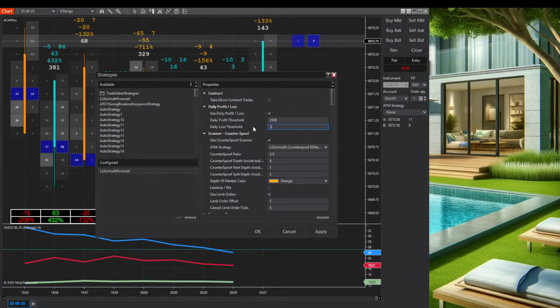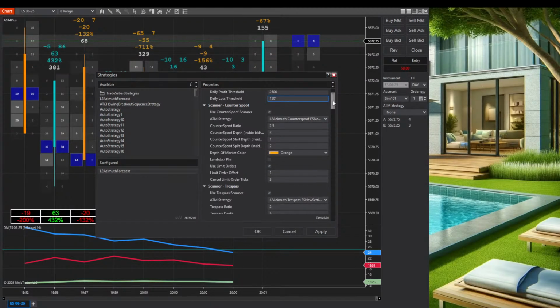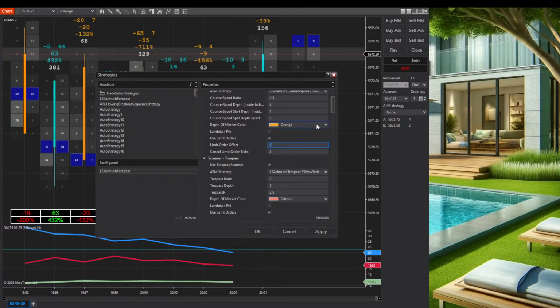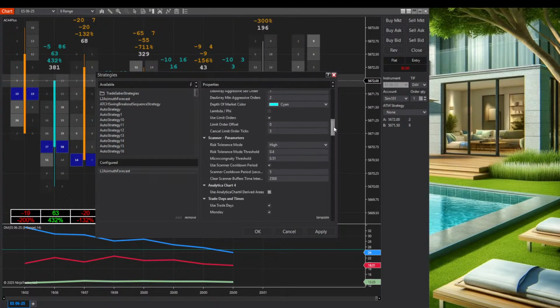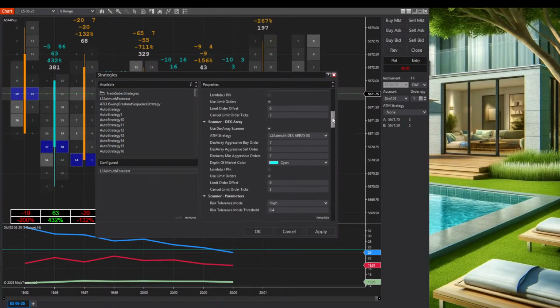It doesn't really matter, but I like to have it just in case. 2.2 or 2. Let's leave it like this. Okay.